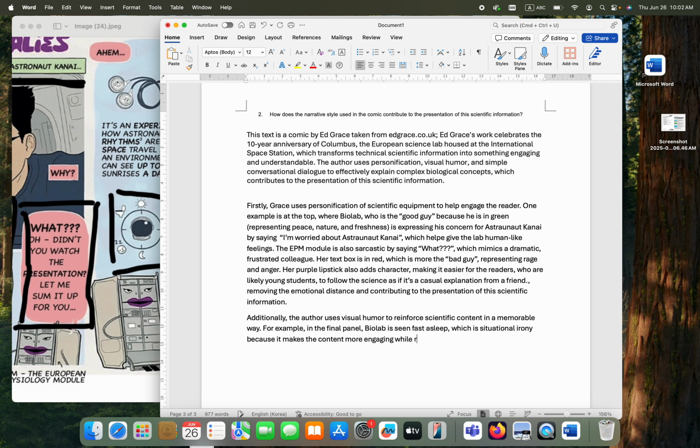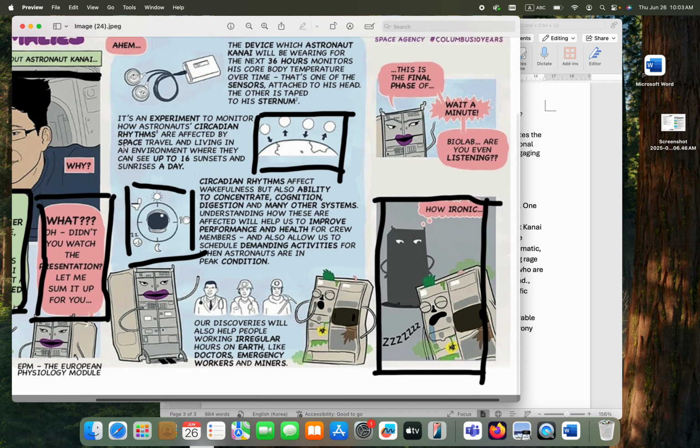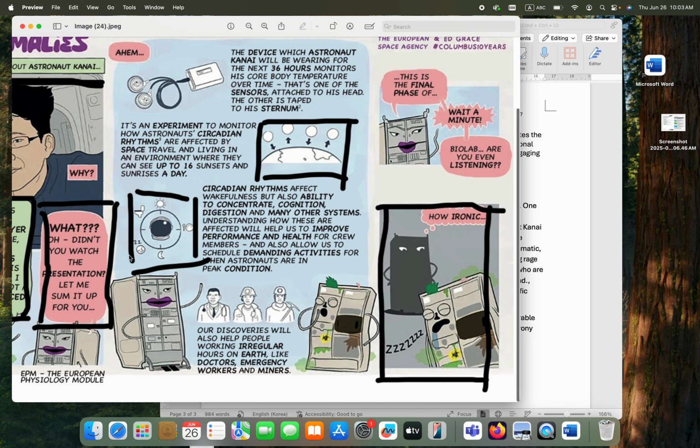While reinforcing the idea of disrupted circadian rhythms. I don't know if this is the best example. I mean, you could write about irony. Okay, let's add one more example. This diagram right here.